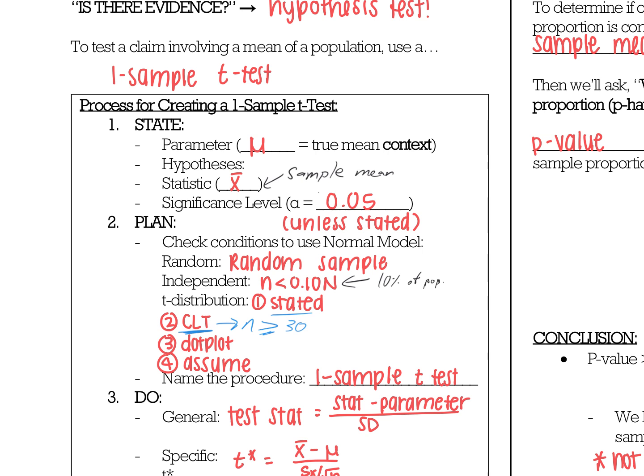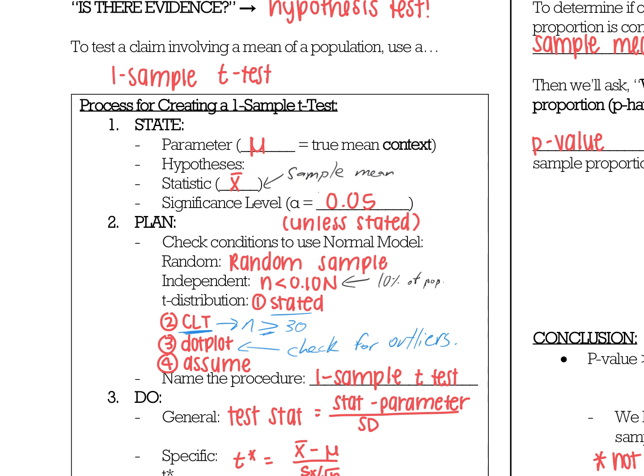Now if you can't do either of those, generally it'll fall into one of those two categories. But if you can't, you can make a dot plot and check for outliers. Basically you can say that the data looks approximately normal, therefore I'm going to assume that it's normal. And your fourth and final option is to just assume normality.